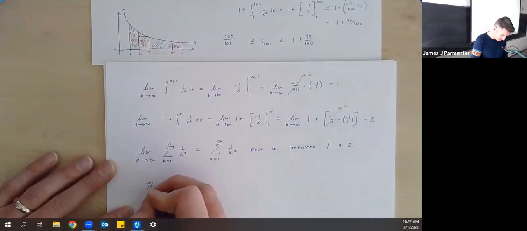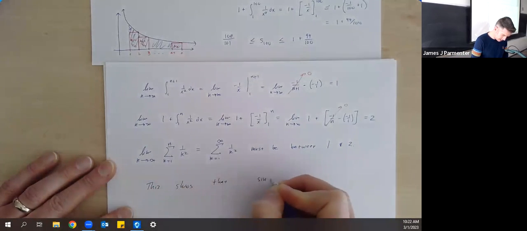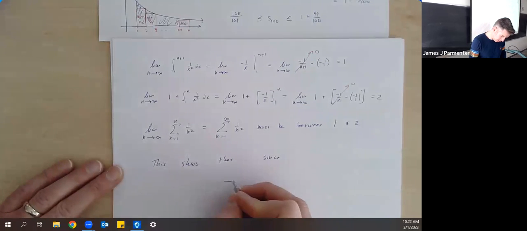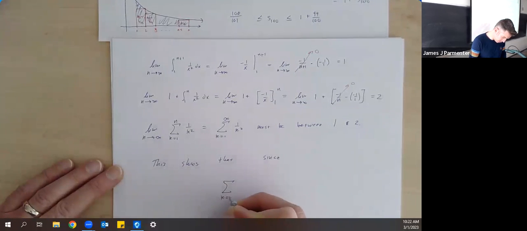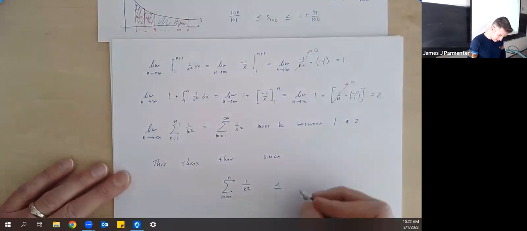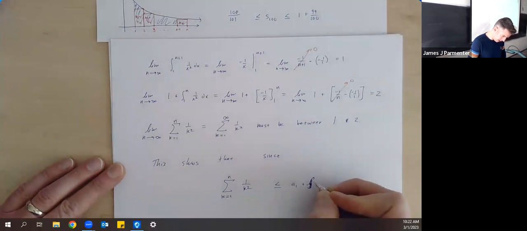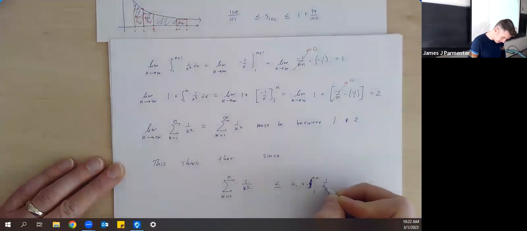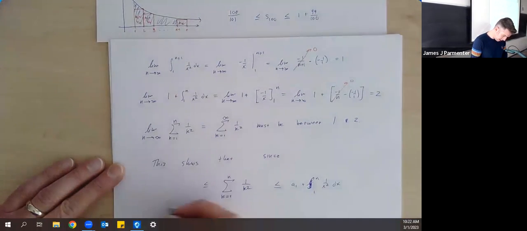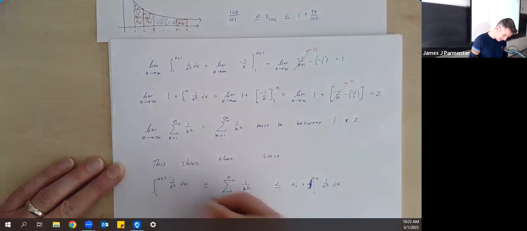So this shows that, I'm going to write it this way, the partial sum from k equals 1 to n of 1 over k squared is trapped between these two integrals: a sub 1 plus the integral from 1 to n of 1 over x squared dx, and it's bigger than the integral from 1 to n plus 1 of 1 over x squared dx.